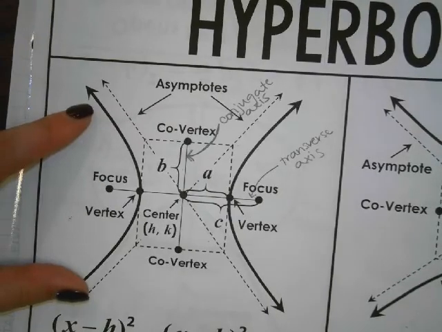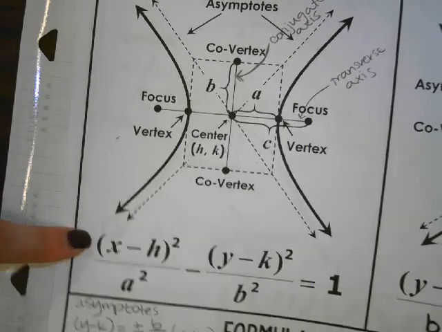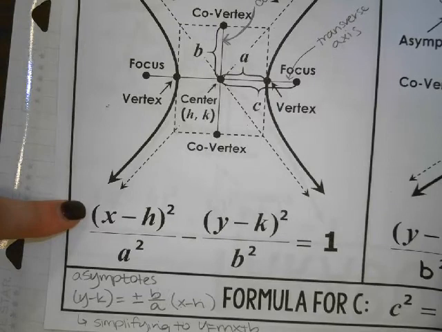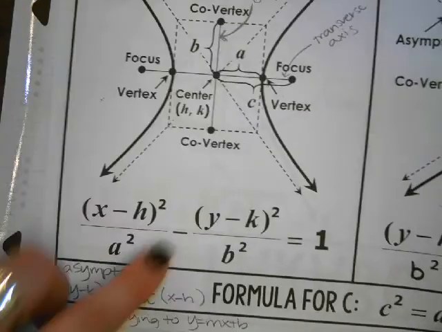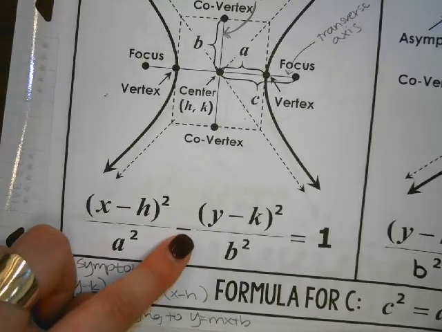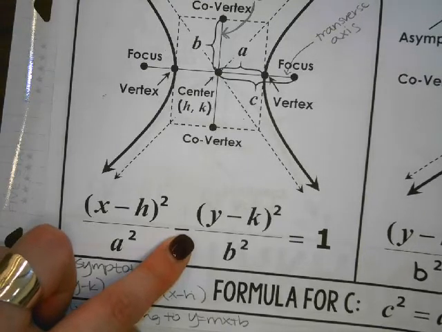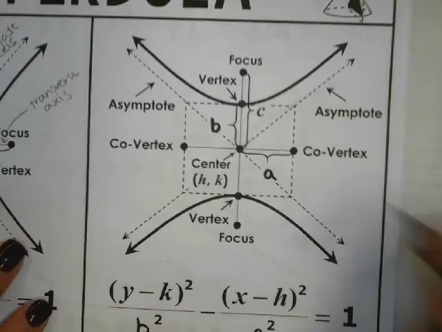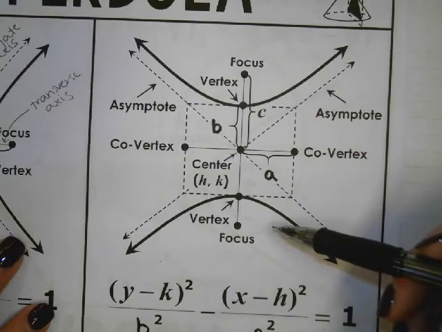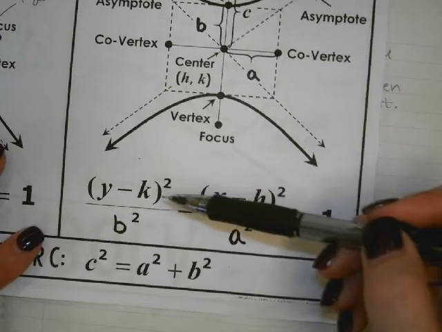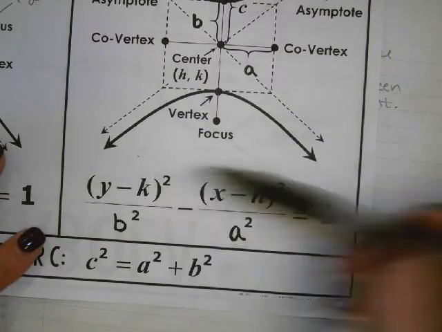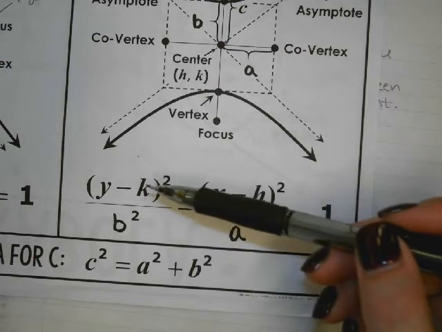Okay, so we spent so much time looking at this hyperbola, we didn't really look at the other one yet. If you look at this equation, you can see that this is very similar to what we remember about an ellipse equation, except that it has a minus in the middle. So these are pretty easy to recognize. If you look at the other orientation where the curves go up and down instead of left and right, then you'll notice that the two terms have switched and the y squared term comes first.